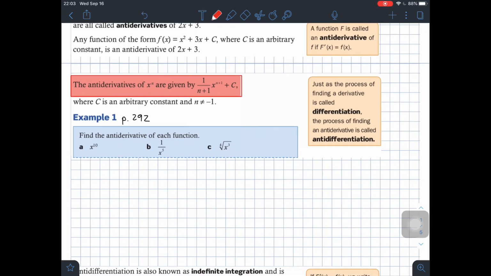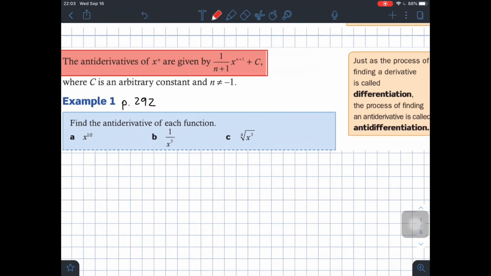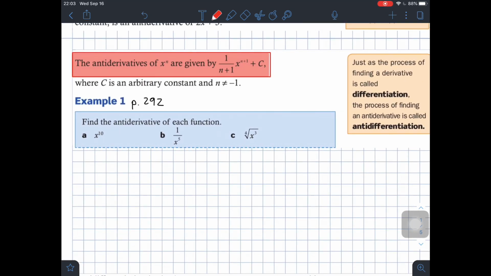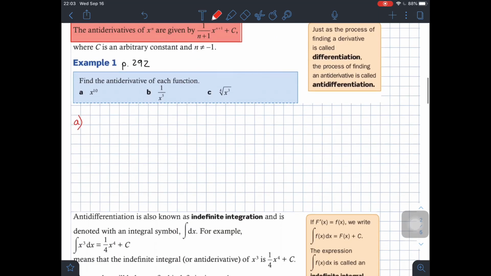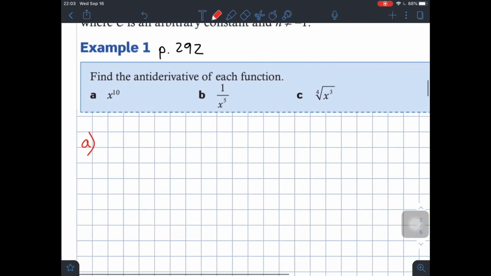So let's see these examples right here. It says, find the antiderivative of each function. So we're going to work with the first one, part A. Here we still do not have the symbology for that, but I'm going to show you already what the symbol for integrals is. If we want to find the antiderivative or integral of this expression, the symbol we use in math is this one over here.